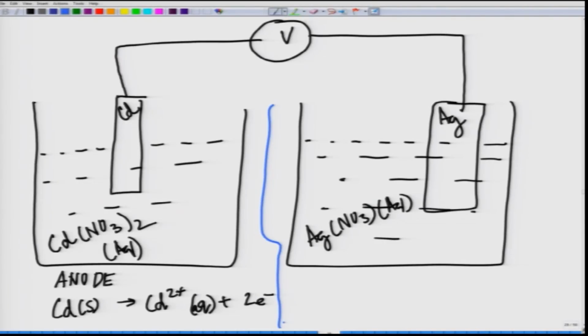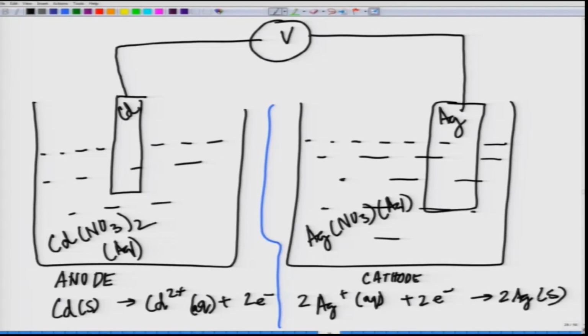The other side of the reaction is at the cathode, where you have 2 Ag+ aqueous plus 2 electrons giving 2 Ag solid.